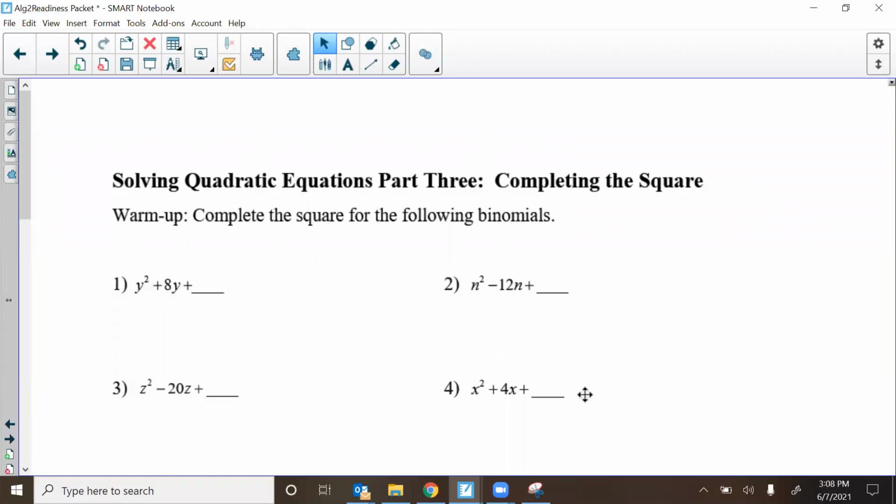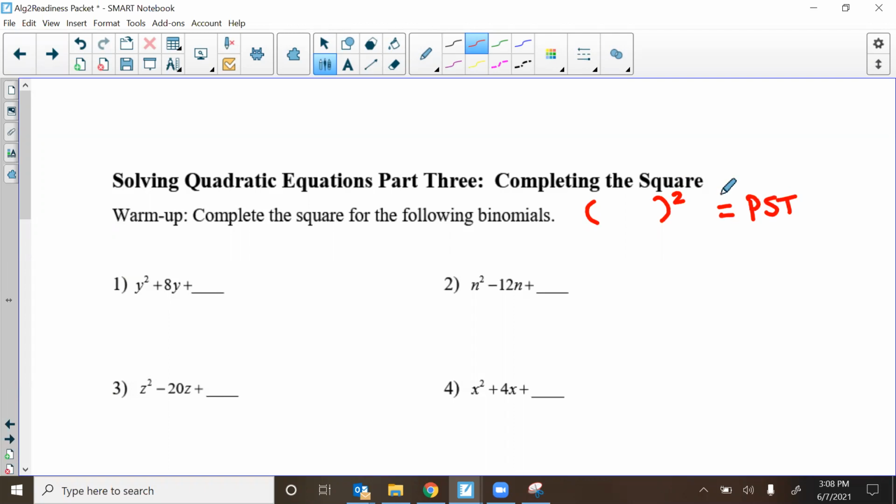To solve by completing the square, we need to remember that when you complete the square, what you get is some factor squared, and that equals a perfect square trinomial when we multiply it out.